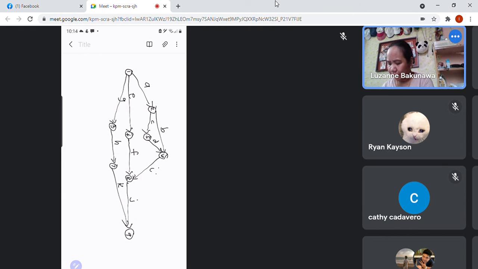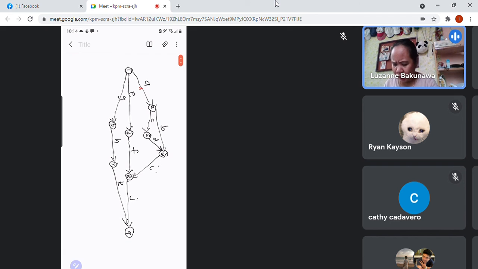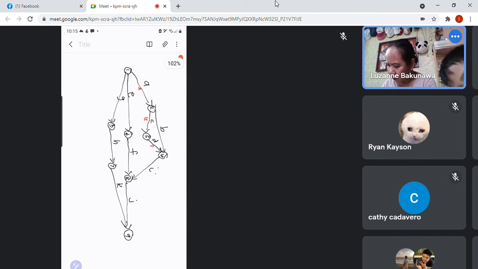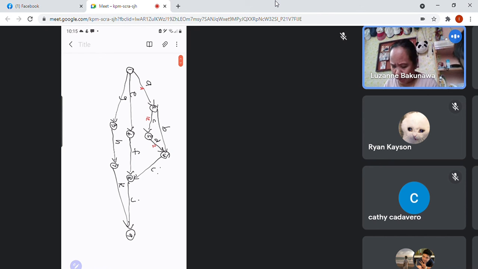The activity A expected time is 4 days. Then C is 12. D is 2. B is 5. E is 3. F is 8.